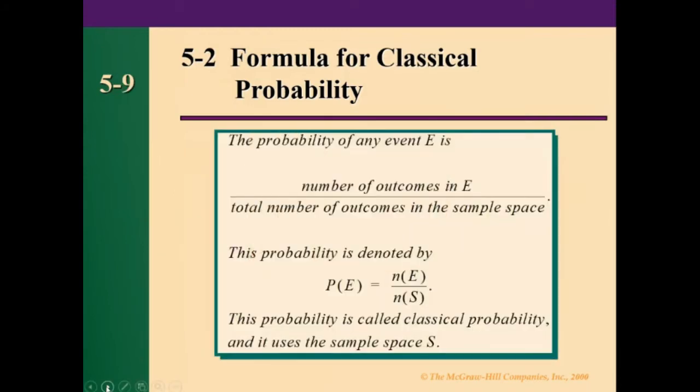The probability of any event E is the number of outcomes in E over the total number of outcomes in the sample space. So this probability is denoted by P of E equals N of E over N of S. This probability is called classical probability and it uses the sample space S.